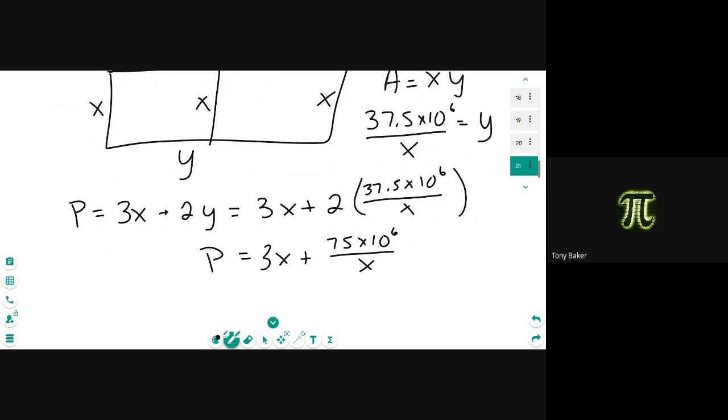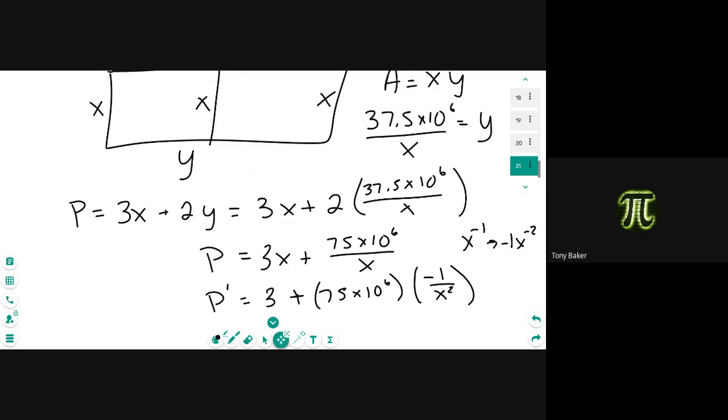That would just be 3 plus negative 1 over x squared, because it's x to the negative first, which goes to negative 1 x to the negative 2nd.